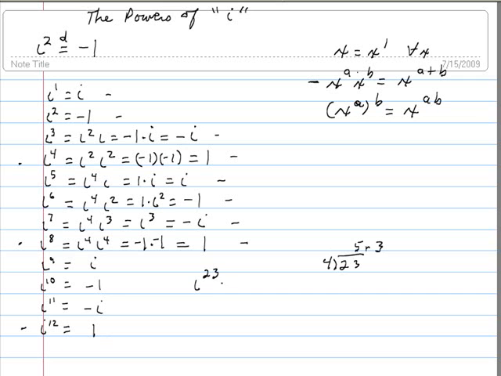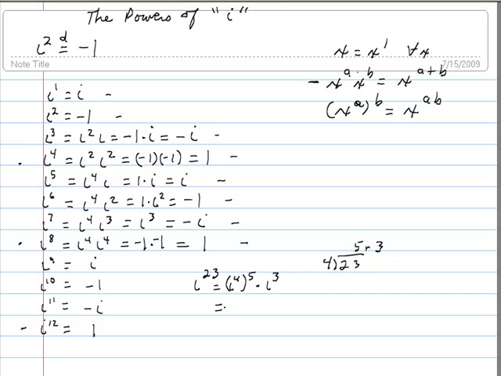So, I rewrite i to the 23rd as follows. i to the 23rd is just i to the 4th, to the 5th, times i cubed. Now, i to the 4th to the 5th is i to the 20th. i to the 20th times i cubed is i to the 23rd by the second rule of exponents.